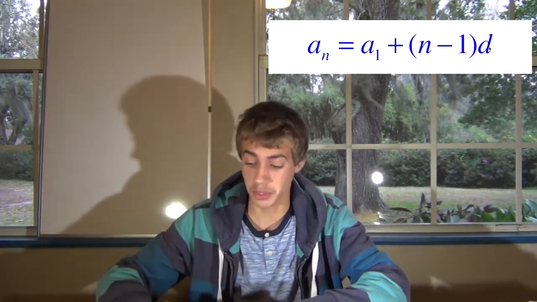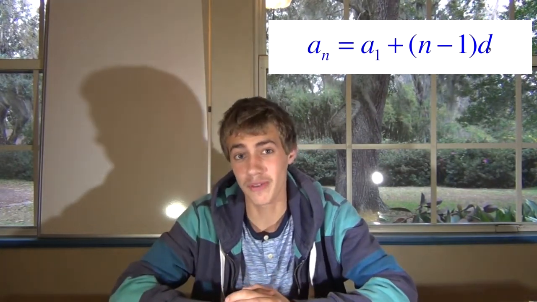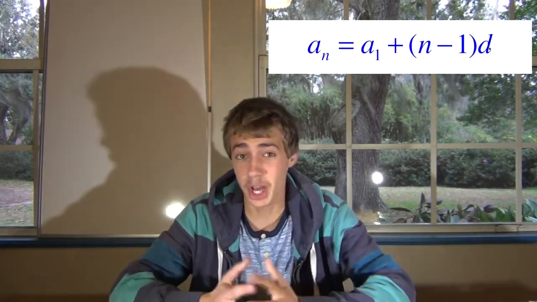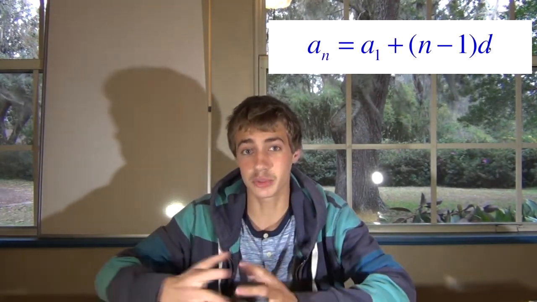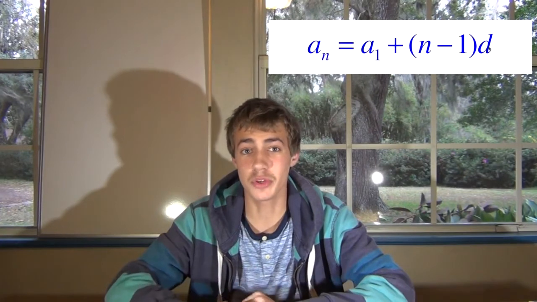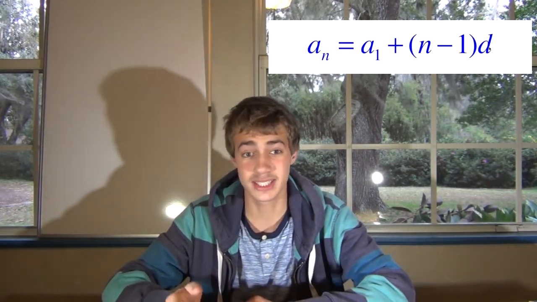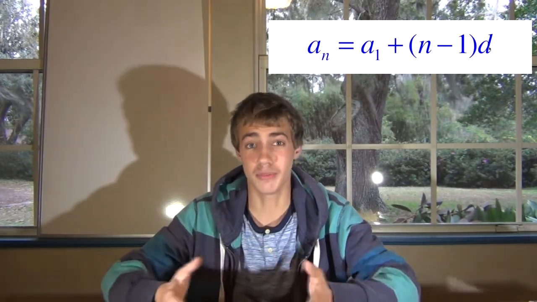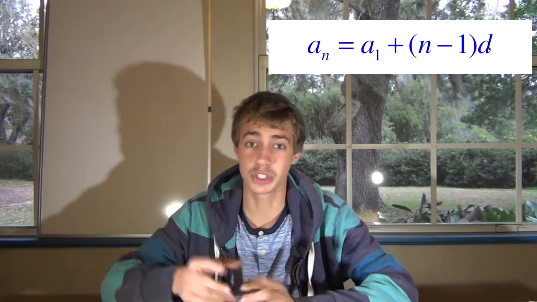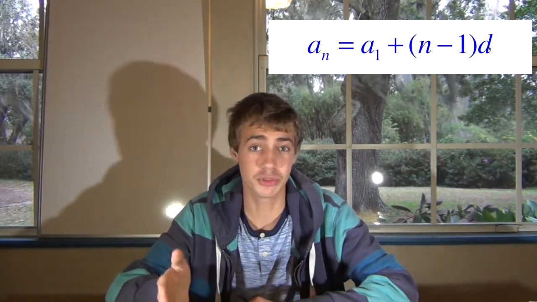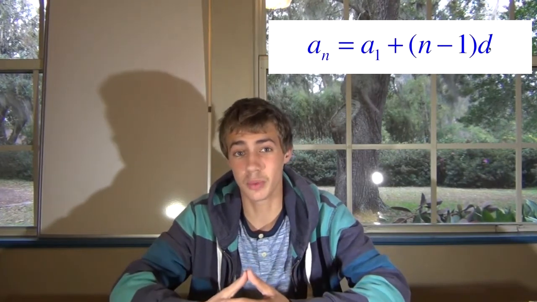So we'll break down this formula real quick. Your A1 or U1, depending on which version you're going with, is simply going to be your starting number. That'll be the 3, and that's going to be your first term of your sequence. Then the (N minus 1) times D is going to give you the variable amount that you add to each consequent term in the sequence, so you know which term it's going to be. For example, your first term, N, the number of terms you've had in your sequence so far, is going to equal 1.